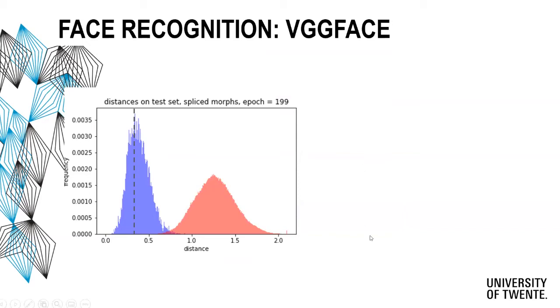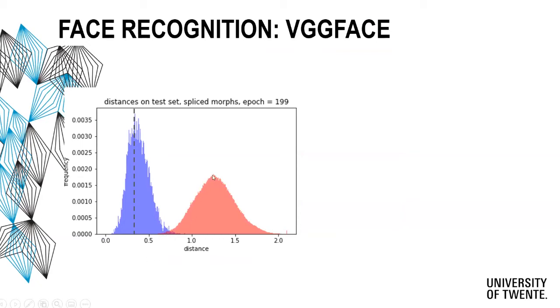Now, when I do this many, many times, I can look at the distances that are outputted. Here, the blue histogram describes the genuine distances. For all possible genuine pairs that I can make, I can calculate the distance between the embeddings. You see that these distances tend to lie between 0 and roughly 0.7.